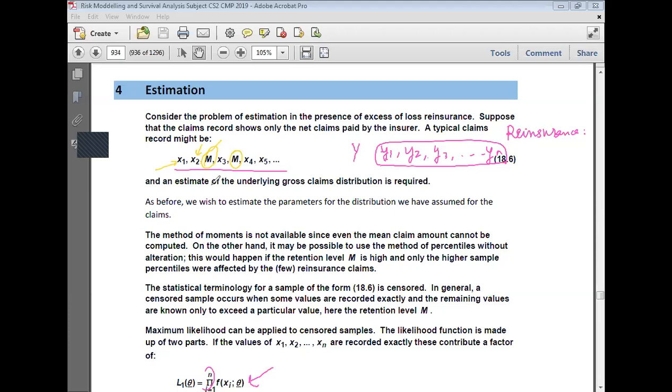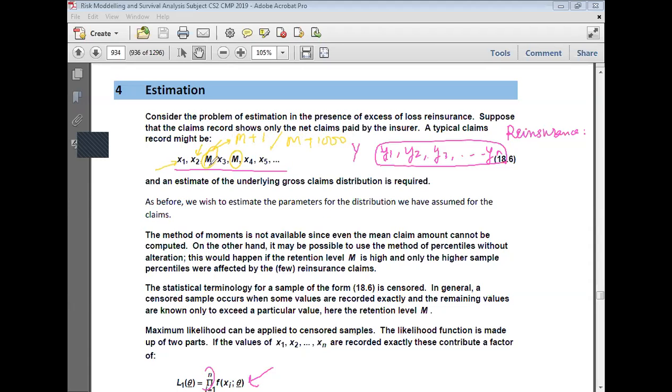So you do not know the actual amount of the claim. You only know the claim amount which you have to incur. You don't know whether this amount was M plus 1 or M plus 1000. It could have been anything, but you only know that the amount is at least M.